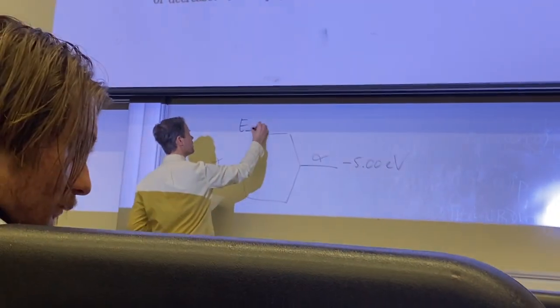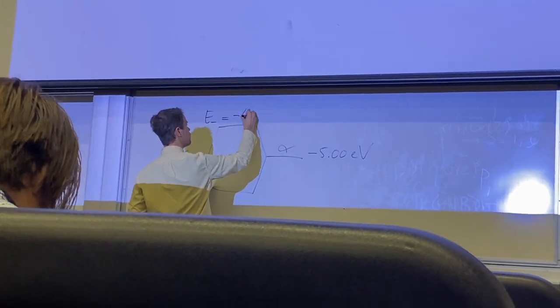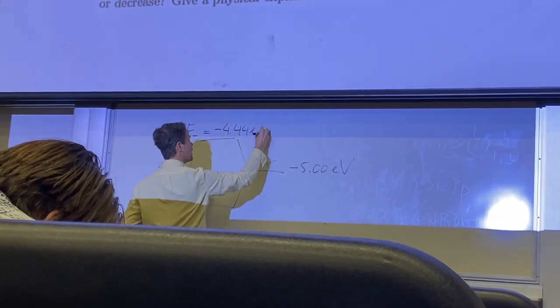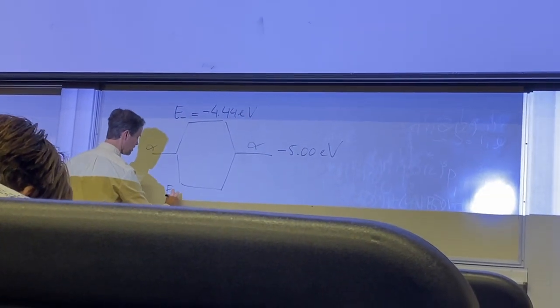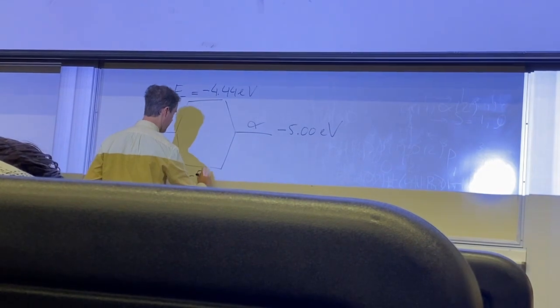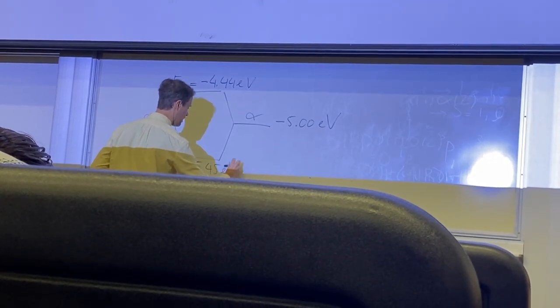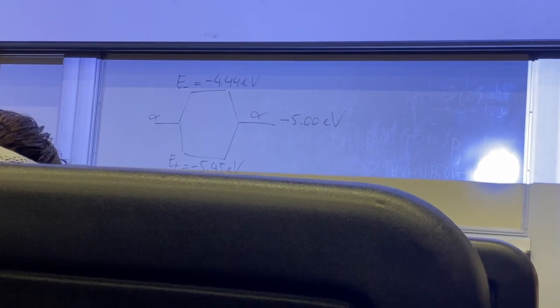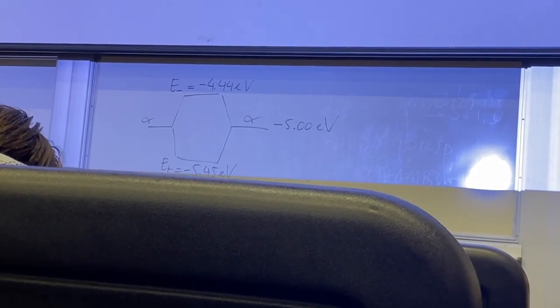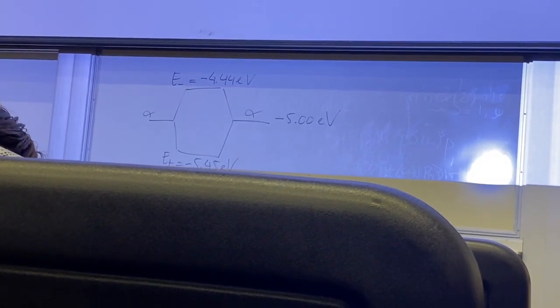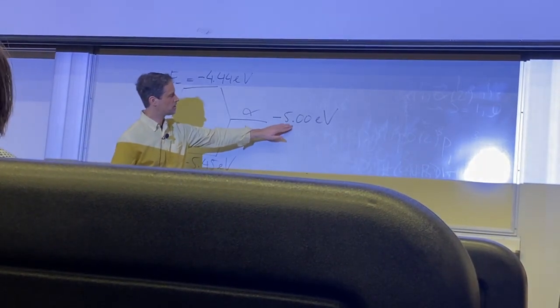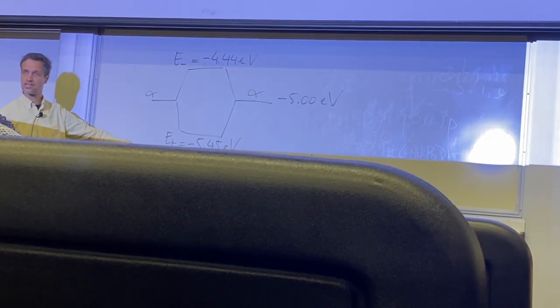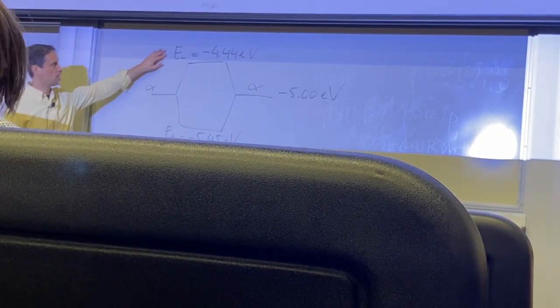So E minus with these values is negative 4.44 electron volts, and E plus equals negative 5.45 electron volts, which is good. This complies with my general notion. I have alpha, which sits at minus 5 electron volts. E plus sits below it, it's more negative. The E minus, which is the anti-bonding orbital energy, sits above it. It is less negative.